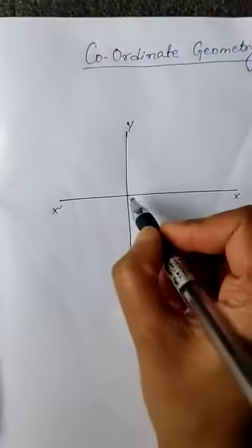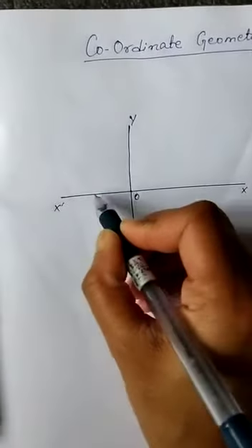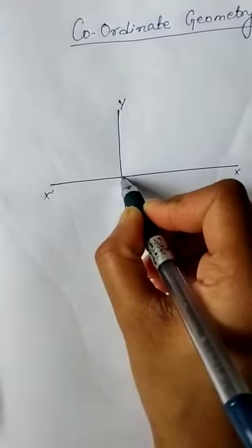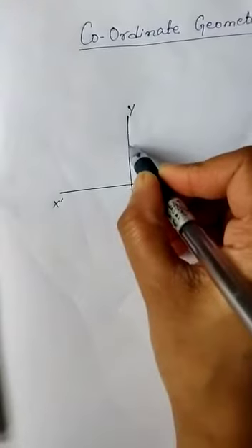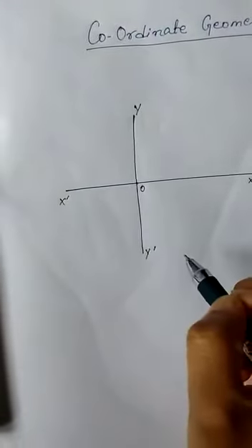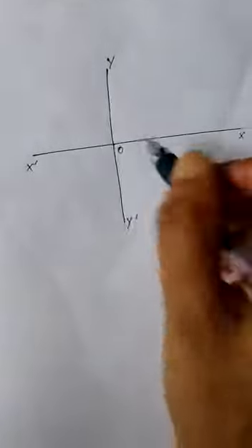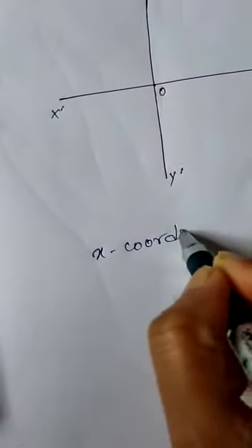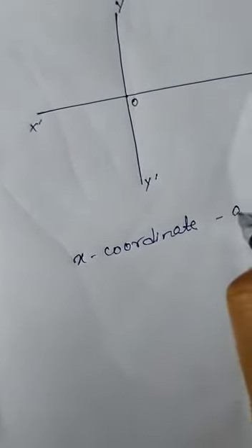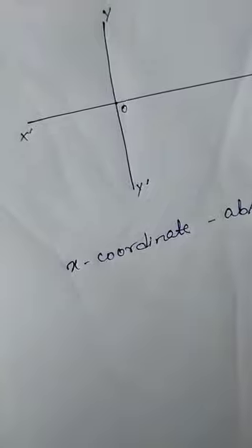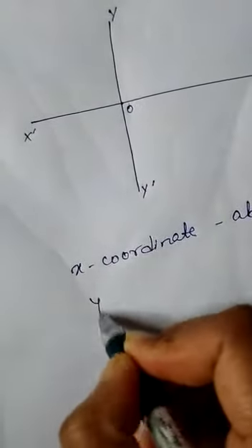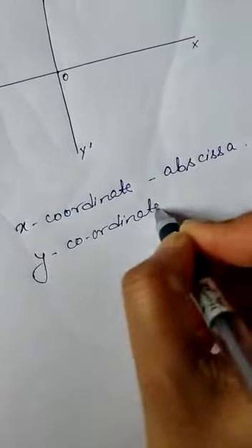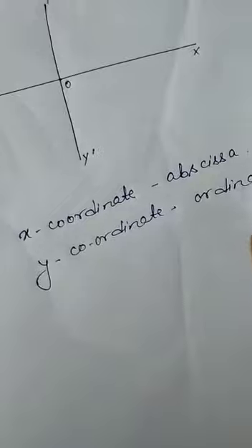So we know that when you plot any point towards the x-axis, that is known as the x coordinate, and towards the y-axis, that is the y coordinate. The x coordinate is known as abscissa, and the y coordinate is known as ordinate.